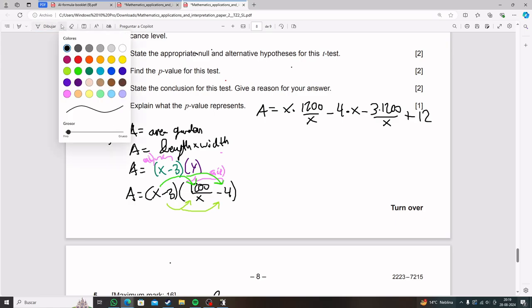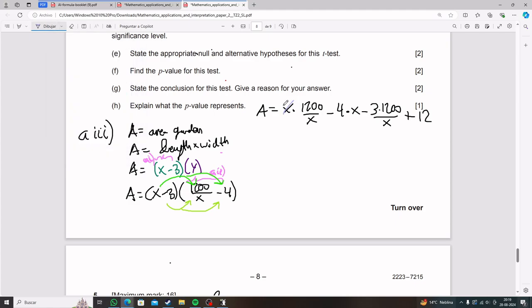See? So from here, what can I sort of solve right away? Well, this will go away with this, right? So there you end up with only 1,200. This is just going to turn into 4x. This is going to turn into 3,600. And this 12 with this 1,200 will add together as 1212.